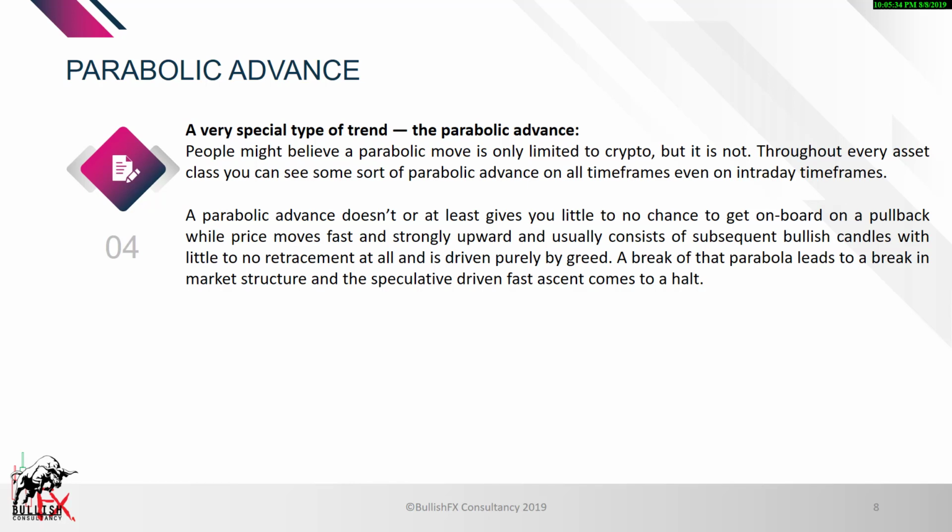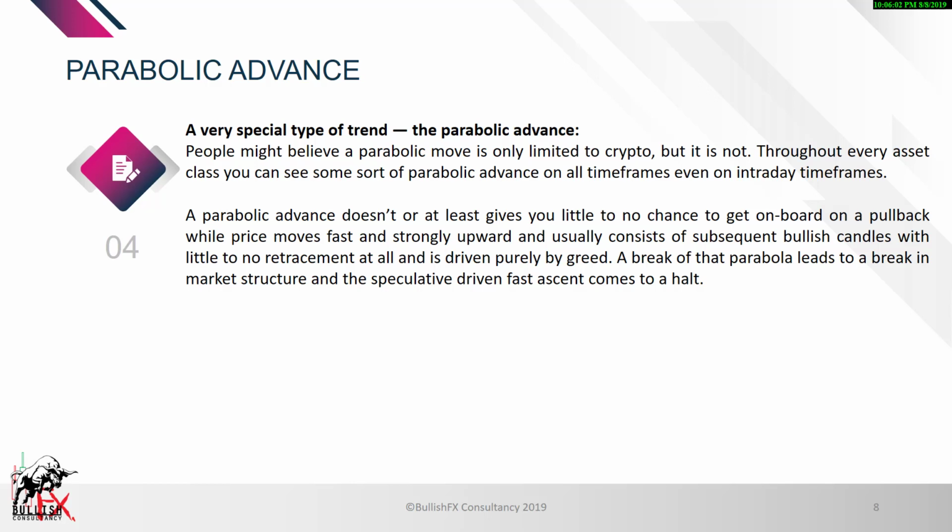A parabolic advance gives you little to no chance to get on board on a pullback, while price moves fast and strongly upward and usually consists of subsequent bullish candles with little to no retracement at all, and is driven purely by greed.